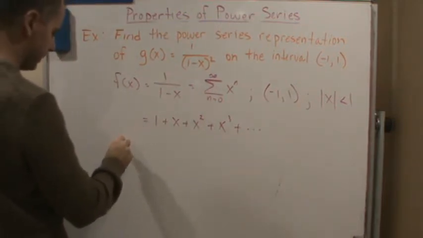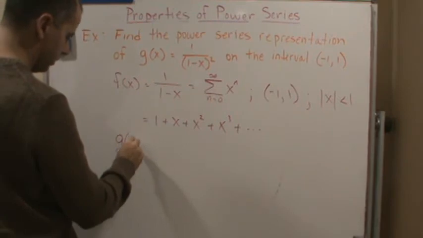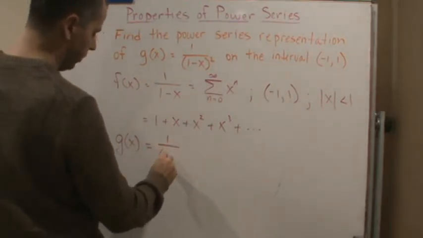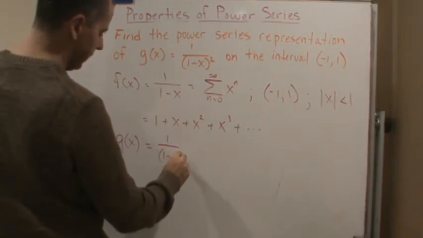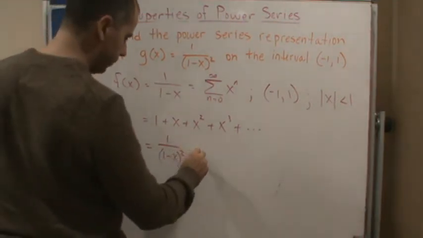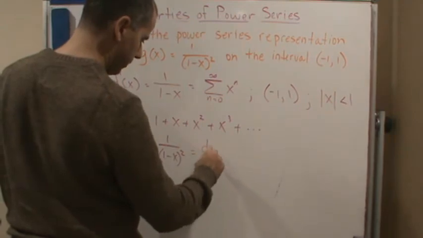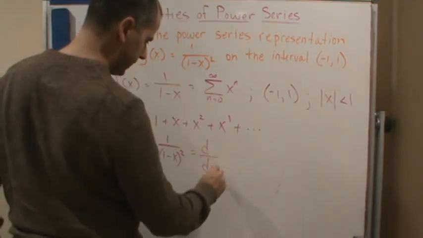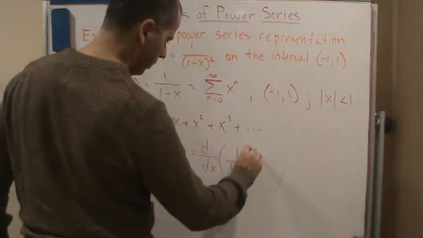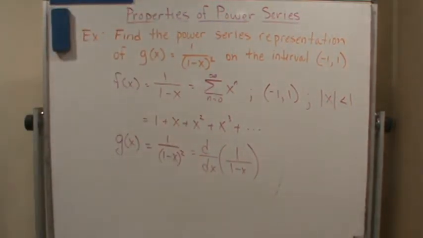So g of x equals 1 over (1 minus x) squared, which is equal to the derivative with respect to x of 1 over 1 minus x.